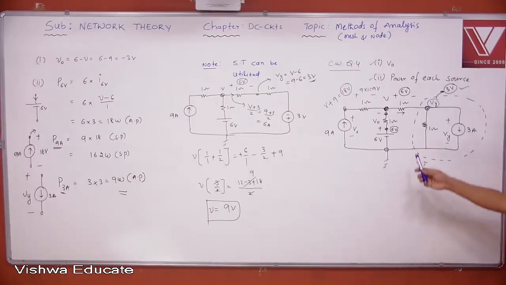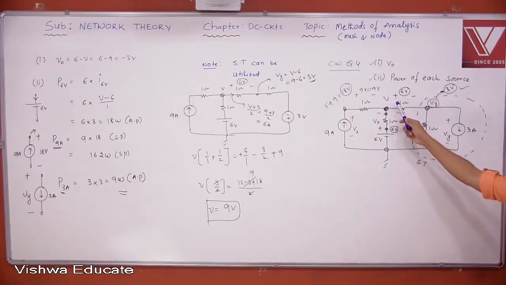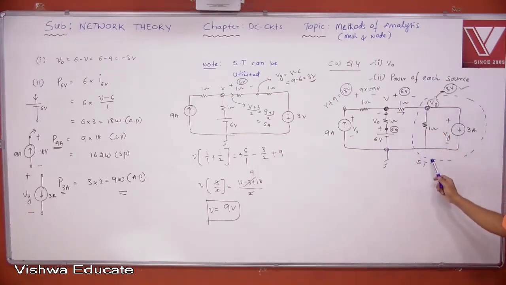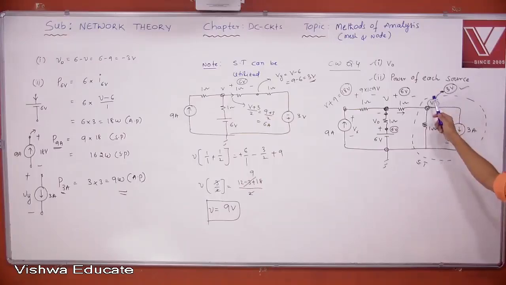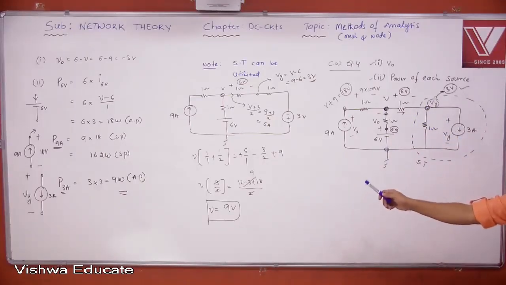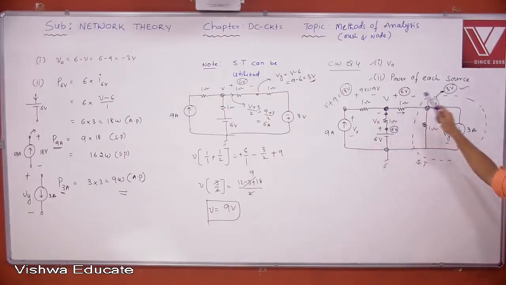For example, here, strictly speaking, we get two equations, right? But source transformation is utilized to reduce the number of equations. That is why we got only one equation in the node analysis. Once you find this node voltage, you can find anything that you want in the network. And particularly the jumping technique will help you a lot.